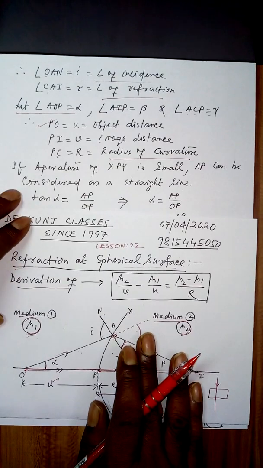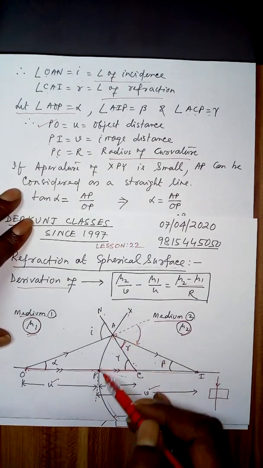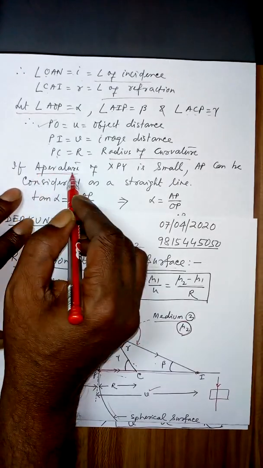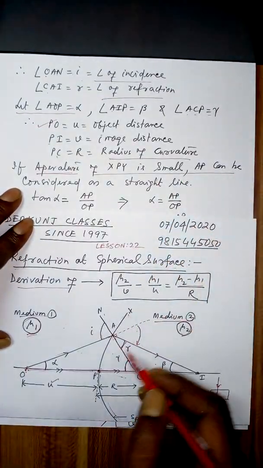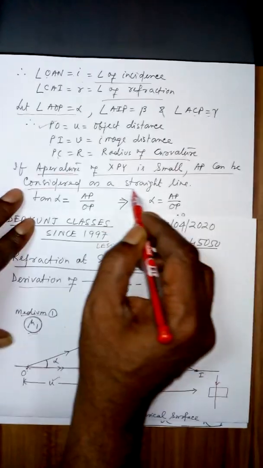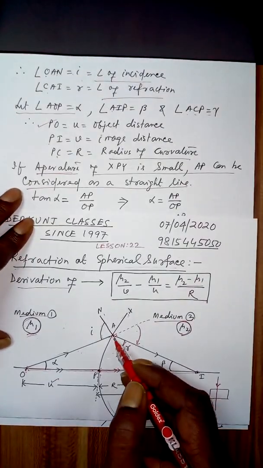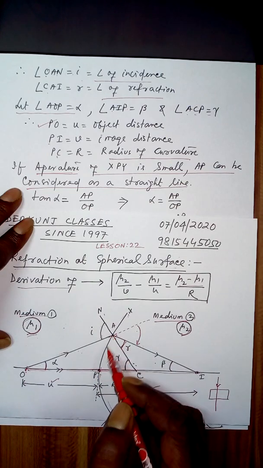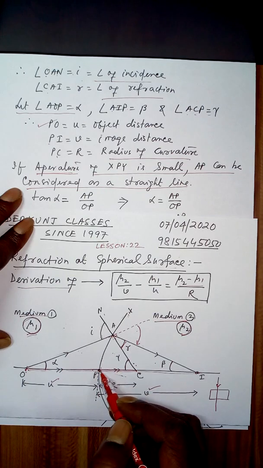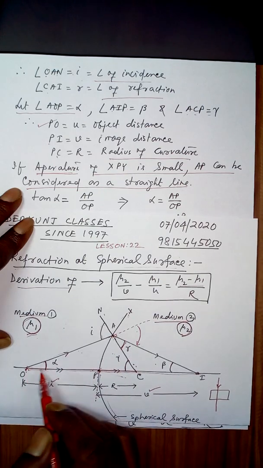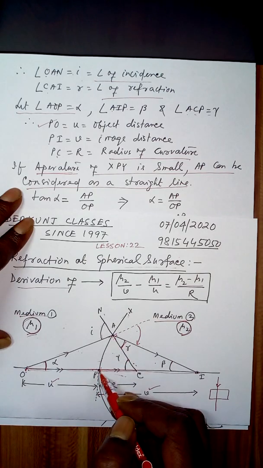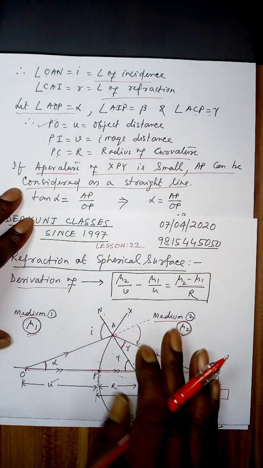Now if the aperture of XPY, aperture means opening, is small, then from A to P can be considered as a straight line. Means AP can be considered as a straight line if this aperture is small.